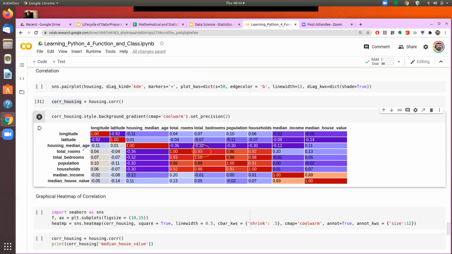And if I have, say, tens of thousands of such data elements in a much bigger data set, then my computation actually becomes much easier. I don't really have to compute everything again for total rooms and total bedrooms. I can just remove one of them and my computation becomes much easier. Also, in certain types of analytics that we'll do in future, for example regression, if you have several things which have a very high correlation, then it does not give me a very good regression.